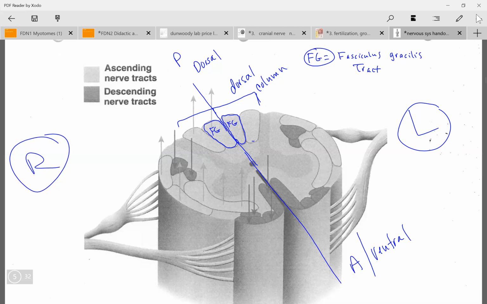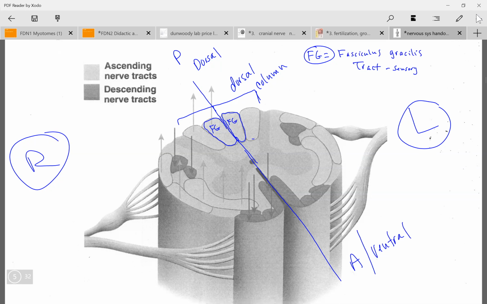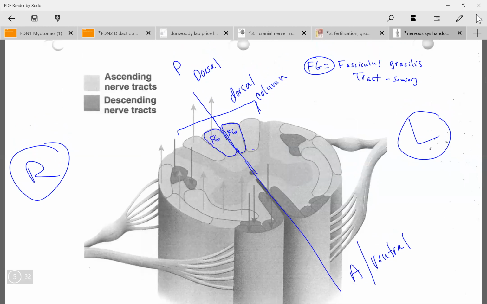And it is a sensory tract, which means afferent, which means body to brain. And the FG happens to function sensory about the belly button down.